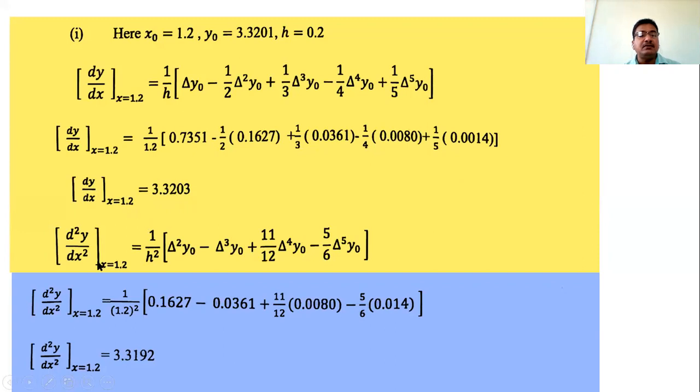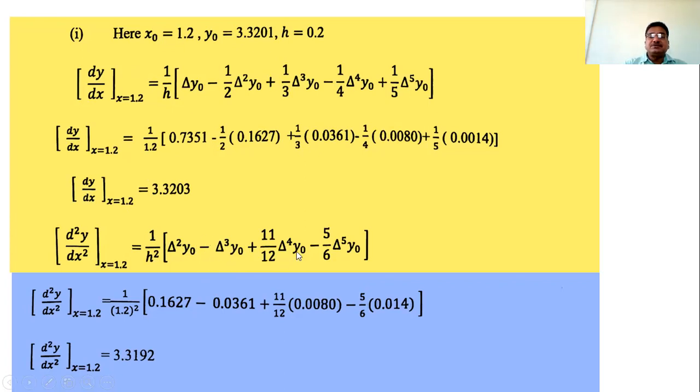Then we have to find the second order derivative at 1.2. Again, consider this 1.2 as the first value x naught, and then write the formula 1 by h square for the second order derivative, delta square y naught minus delta cube y naught, and so on. It is the derivative of dy by dx, the general derivative.